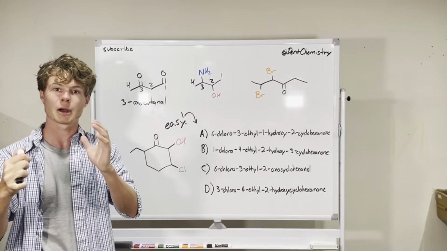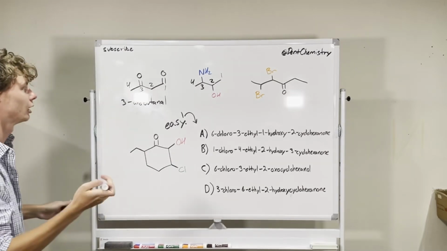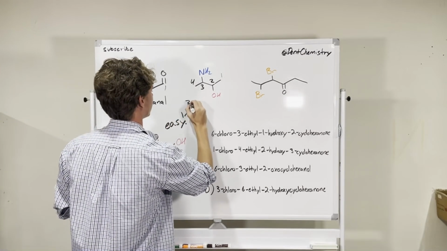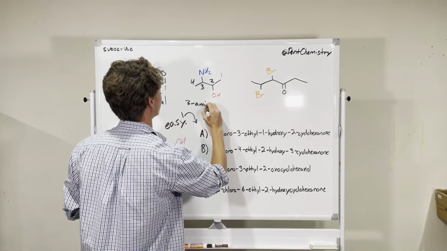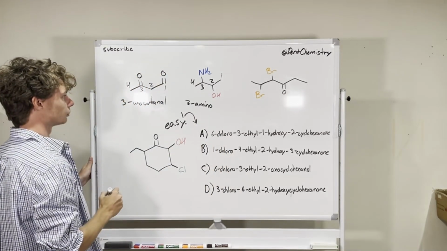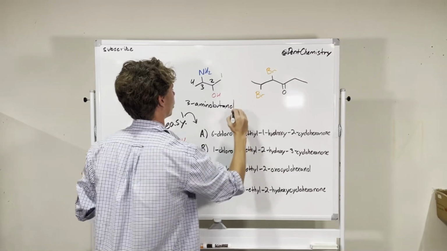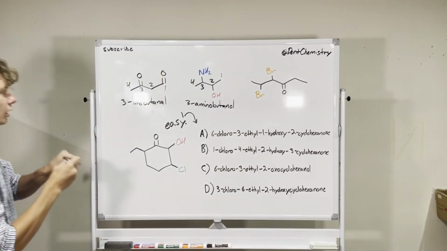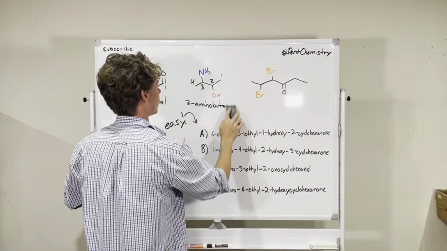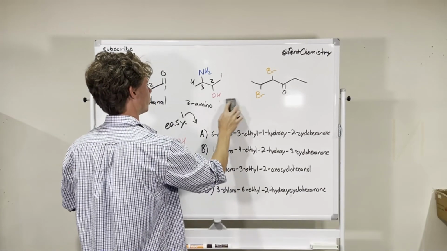It's not the highest priority. It's going to be a prefix. It's going to be an adjective. This is going to be 3-amino butanol, "-ol", because it is an alcohol and it's in the 2 position, so I should indicate that.